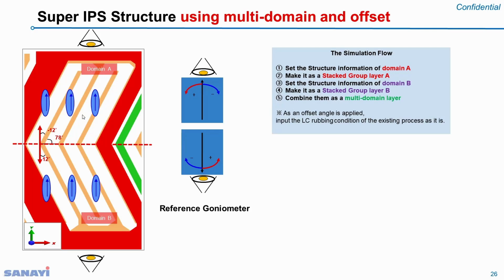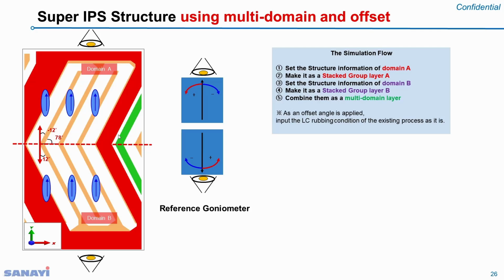The simulation area is divided into two domains, domain A and domain B. At first, set the structure information of domain A and make it a stacked group layer A. In the same way, define the structure information of domain B and make it a stacked group layer B. Lastly, combine them as a multi-domain layer.